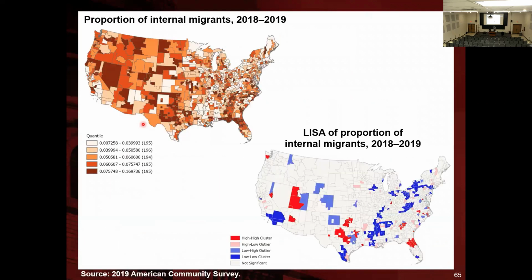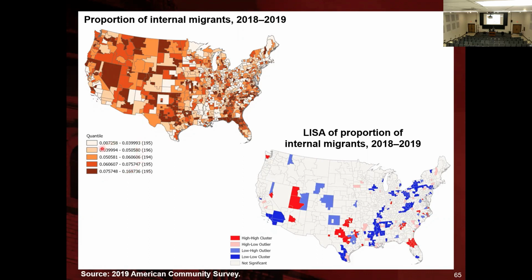So the map on the top left here is just showing the proportion of internal migrants for each one of the MIG PUMAs. So the areas here in darker colors, we have between 7.5 and 17% of people moved into those areas between 2018 and 2019. So I'm estimating in-migration rates, and I'm showing them here in proportion. You can multiply by 100 to analyze in percentage terms.